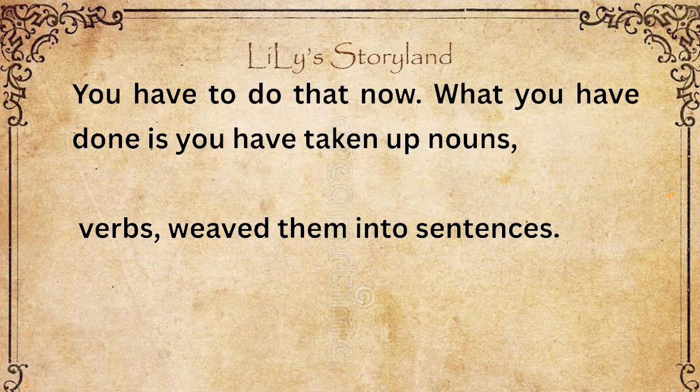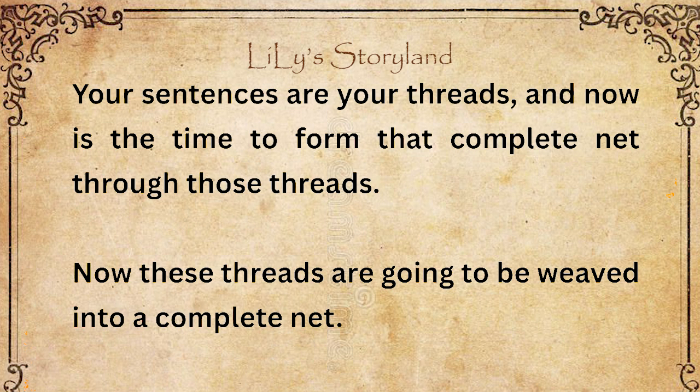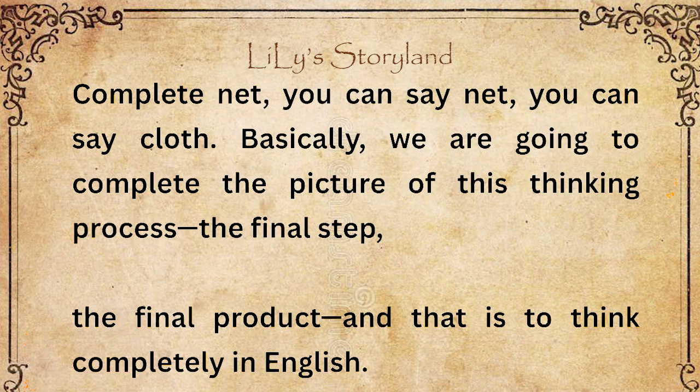What you have done is you have taken up nouns and verbs and weaved them into sentences. Your sentences are your threads. And now is the time to form that complete net through those threads. Now these threads are going to be weaved into a complete net.